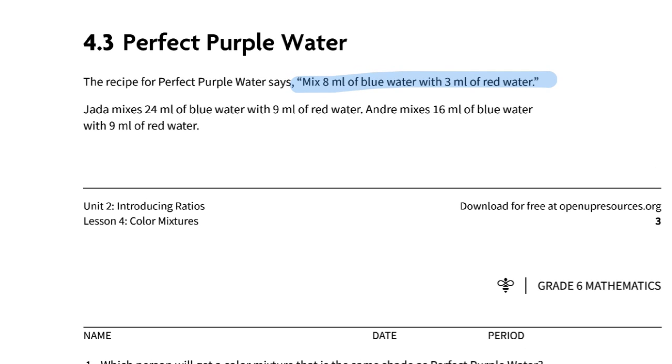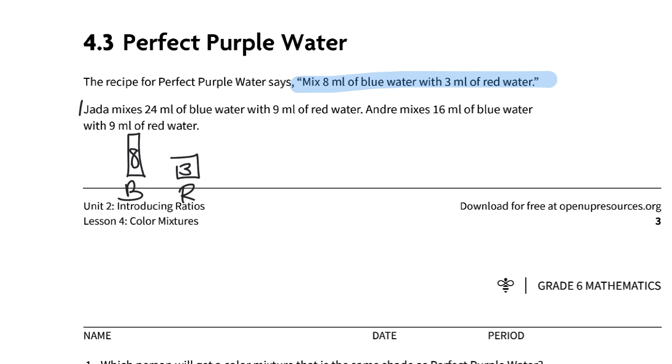So we're going to go back up here, and we're going to take a look. Now the perfect purple says it's supposed to be 8 blues and 3 reds. All right, so if we do that, so the perfect purple is going to be, and I'm going to do it right here. Okay, so blue and red, and we're supposed to have a ratio of 8 to 3. There it is, 8 to 3.